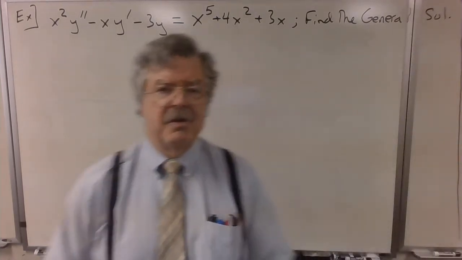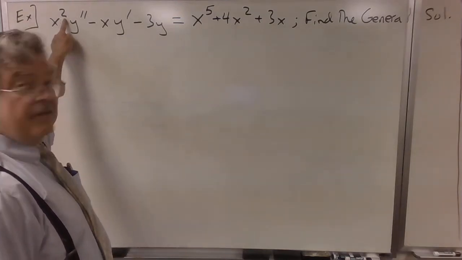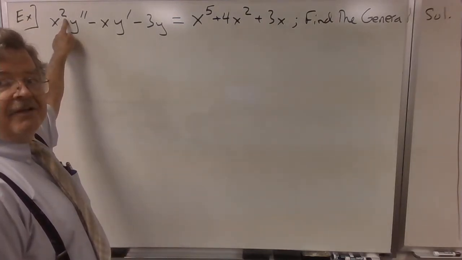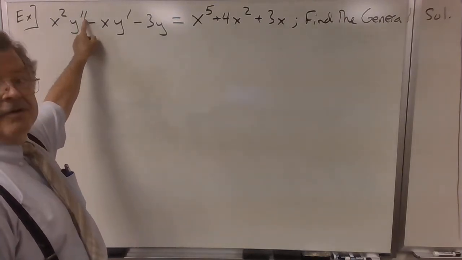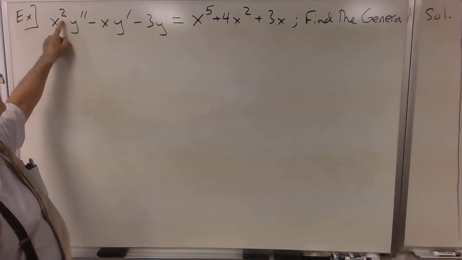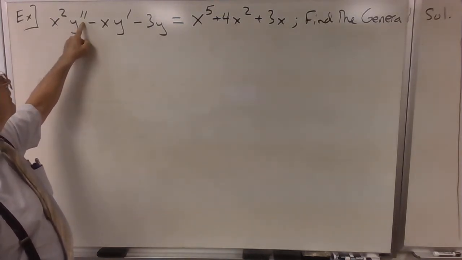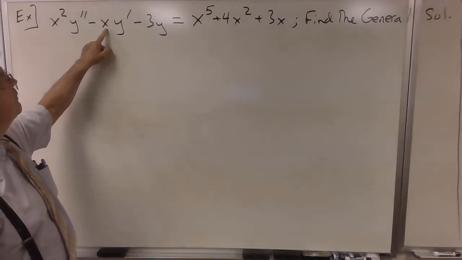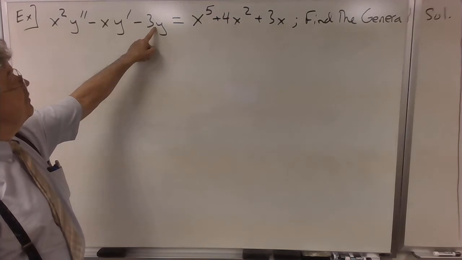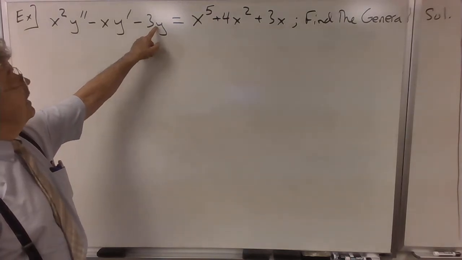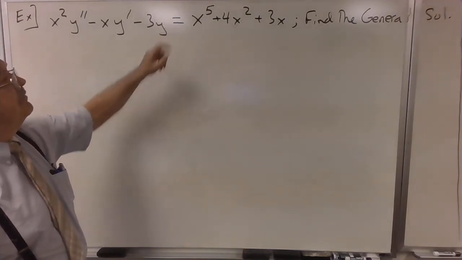Recognize that it is an Euler equation because the power of x that appears before the derivative is the same as the order of the derivative. x squared, x to the second power, second derivative of y; x to the first power, first derivative of y; x to the 0 power, which is 1, and the 0th derivative of y, or just y itself.